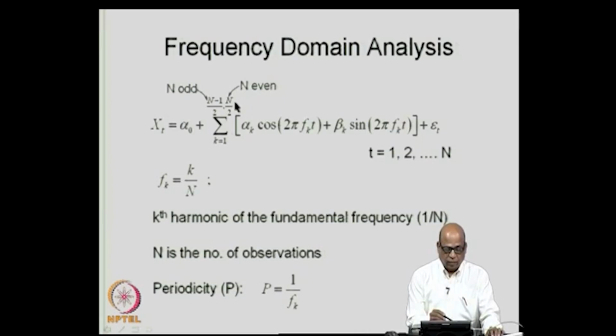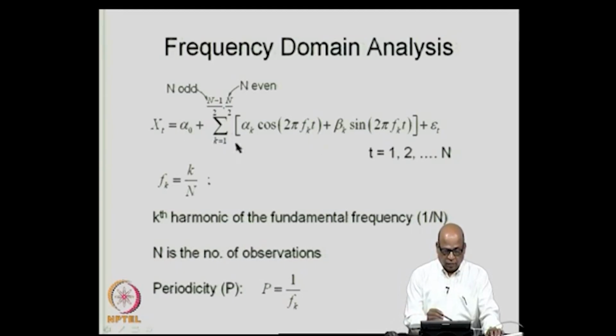If n is even, we write the summation up to n by 2. If n is odd, you write up to n minus 1 by 2. Alpha k cos 2 pi f k t plus beta k sin 2 pi f k t, summation ends here, plus epsilon t. So, this is how we are expressing the time series as consisting of a sinusoidal component, a random component and a constant.